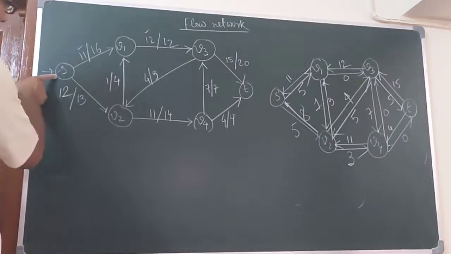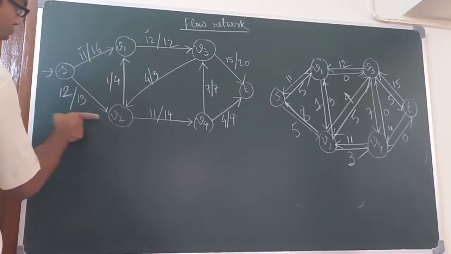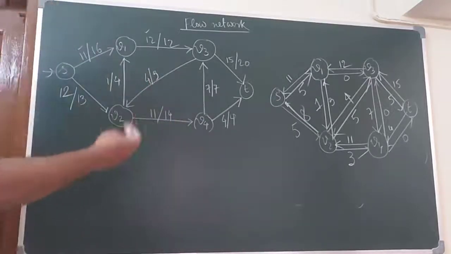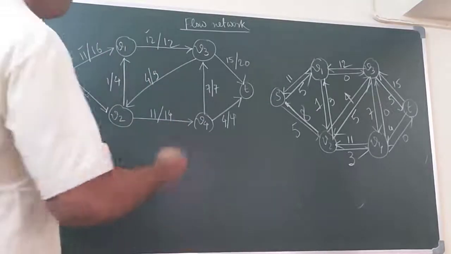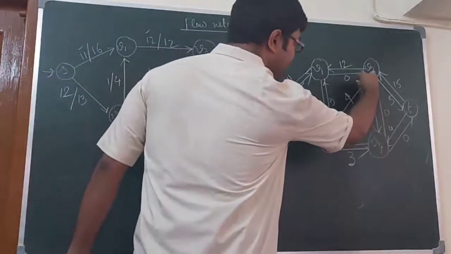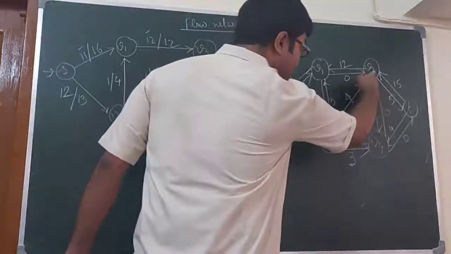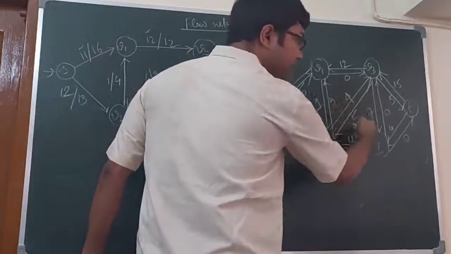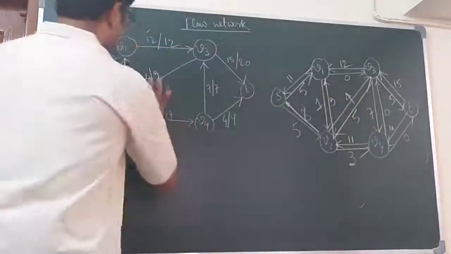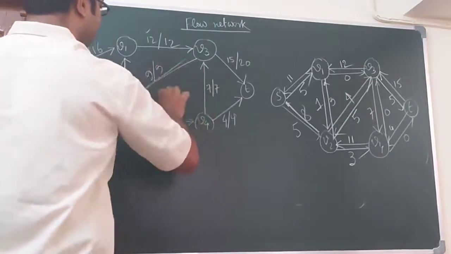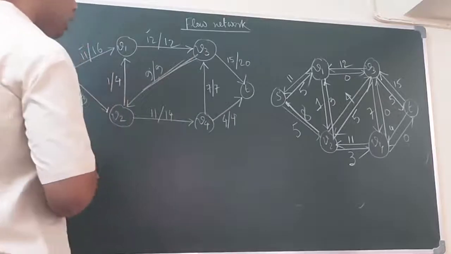So 12 flow is from S to V2 out of 13 capacity. Similarly, we increase the flow on the edge V3 to V2 by an amount 4. The flow was 5, and we increase it by 4, so this will become 9 out of 9.